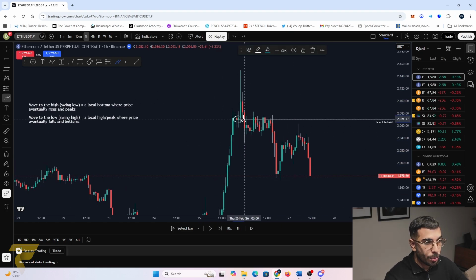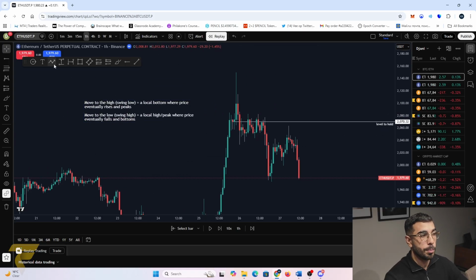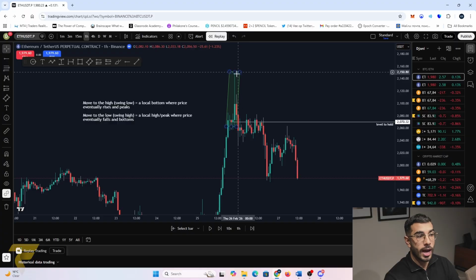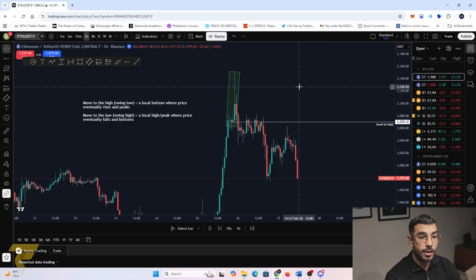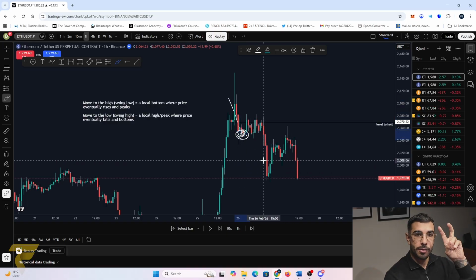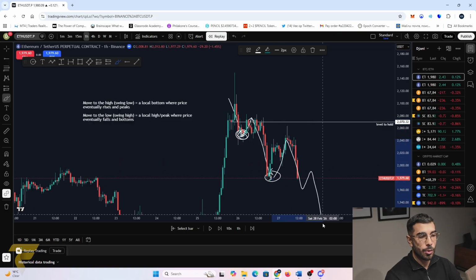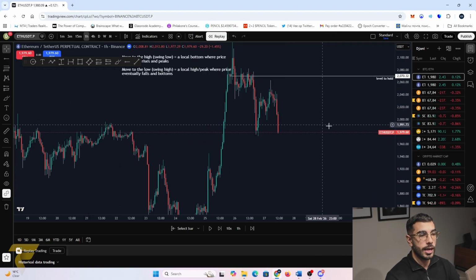From this point onwards, you can see a clear move to the high being created, because we can see price surging to new higher highs. But then, unfortunately, at some point, price loses this particular level, and the level to hold, or the move to the high, eventually gets flipped to resistance, and that's where we get to a downtrend.